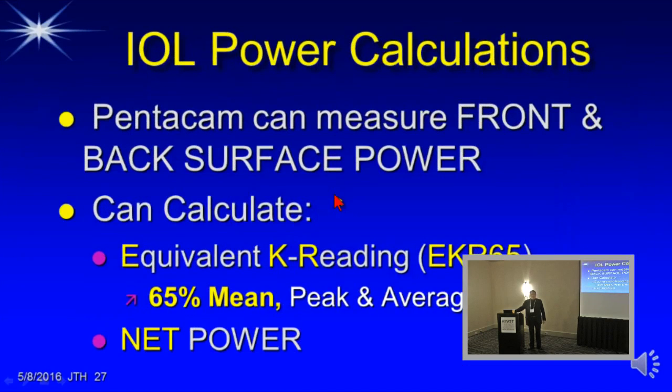All right. Now, power calculations. What I was talking to you about was that the EKR 65 takes everything into account that the formulas need to know, and gives you the best estimate of the cornea. So with the EKR 65, you don't have to go to the Ascaris website.